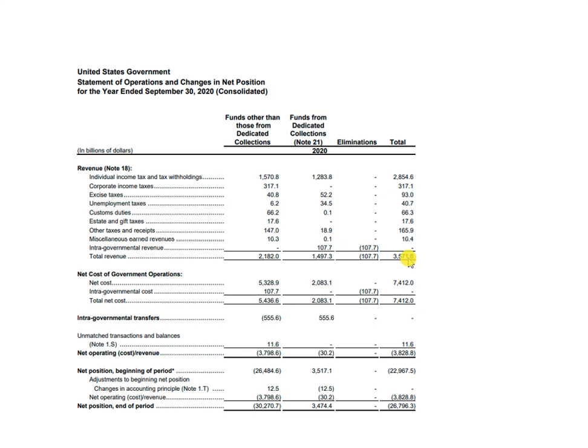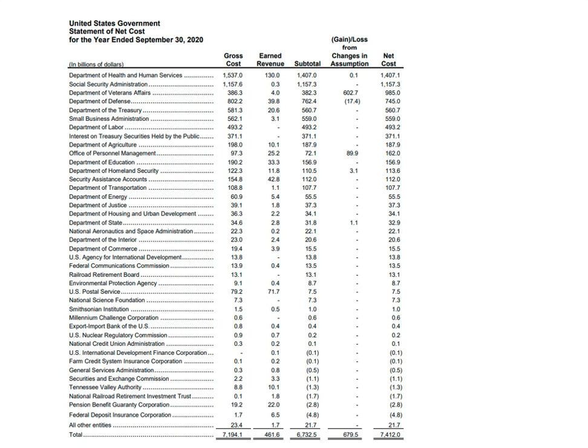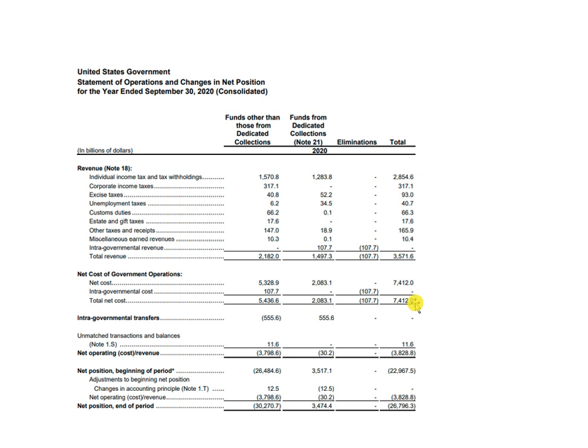And how about the cost? This net cost, if you take a look at the previous statement, is exactly the number we have from the statement of net cost. We have the net cost, we have total cost, total revenues.